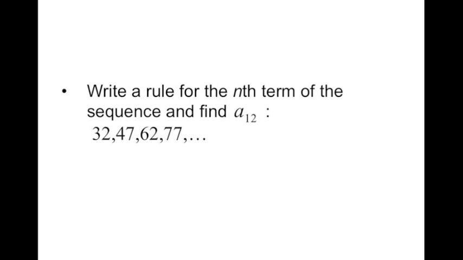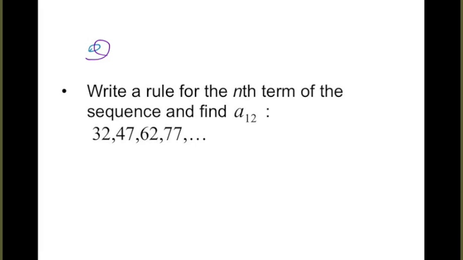This one asks for the same thing, come up with a rule, but then this time we would want to find the 12th term in line. All right, so our rule, or our formula for our rule is going to come from a sub n is a sub 1 plus n minus 1 times d. A sub n is a variable that we don't want to do anything with. A sub 1 means first number in the line.